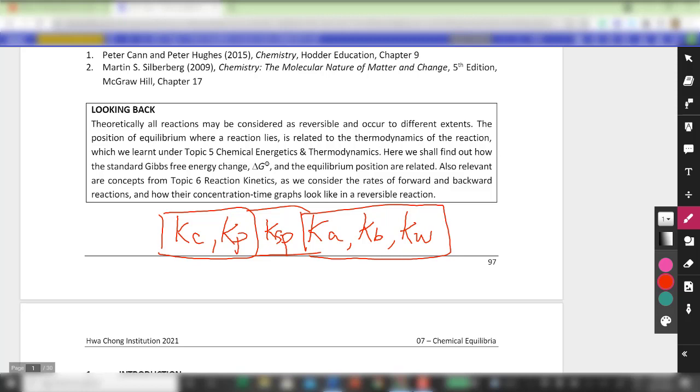Okay, so I think the most important thing is to have a broad overview on what exactly equilibrium is, and be aware that when you tackle this particular topic, the fundamentals of chemical equilibrium will actually help you to understand the rest of the topics which you're going to encounter later on. Yeah, especially so for Ksp, Ka, Kb, and Kw, which you're going to learn after promos and next year.